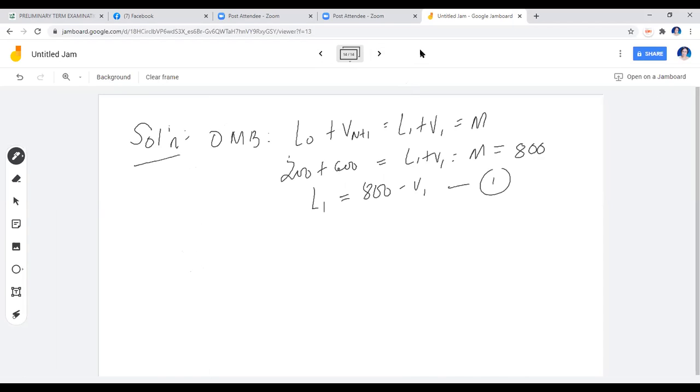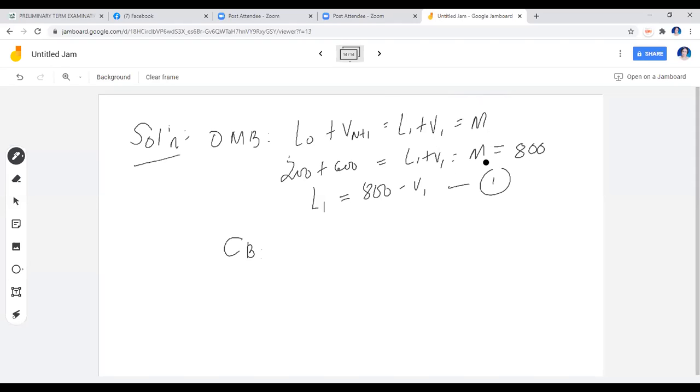Then we can do a component balance. And this time, since both L1 and V1 are unknown, we cannot make a component balance with both of them unknown and their compositions also unknown. That would make 4 unknowns in one equation. So we will make a component balance based on the bulk phase M so that we'll be able to locate M later on graphically.